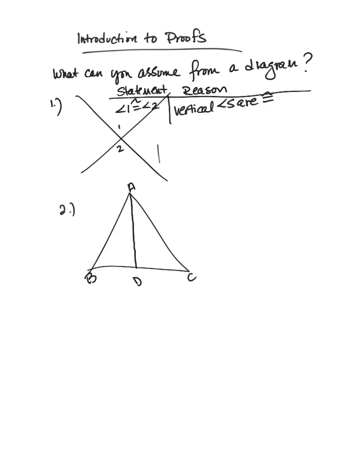Now this is going to come up when we're doing triangle proofs and we're trying to prove that pairs of corresponding sides and pairs of corresponding angles are congruent. You will always be able to assume that AD is congruent to AD. Oh, by the way, in number 1, these arc marks show that those angles are congruent. This X shows that AD is congruent to itself.